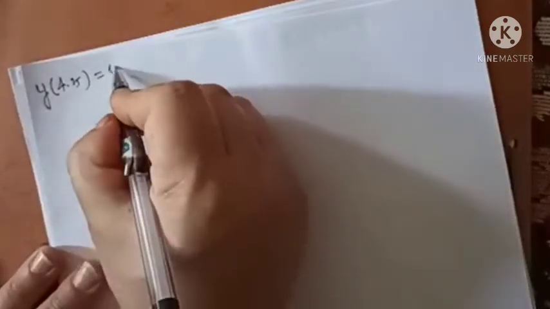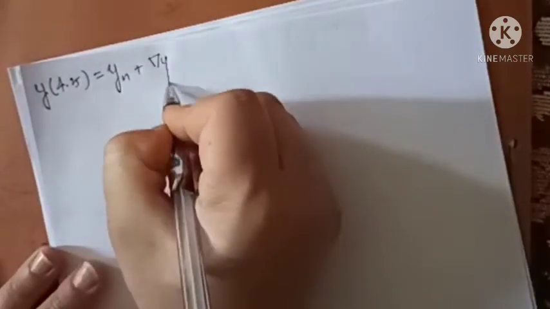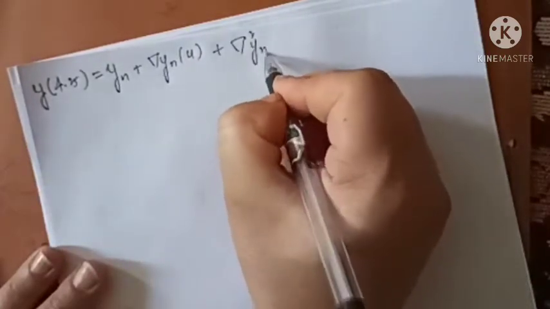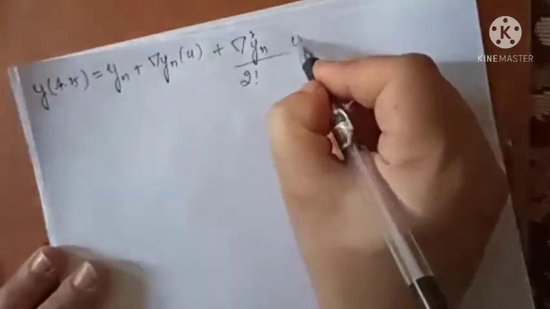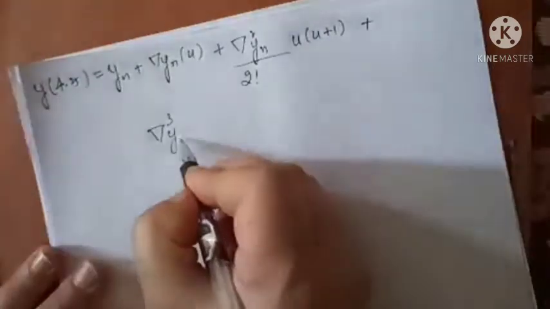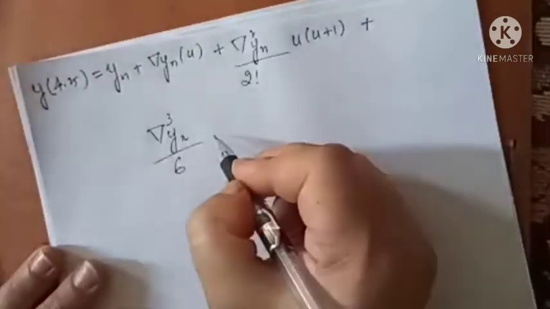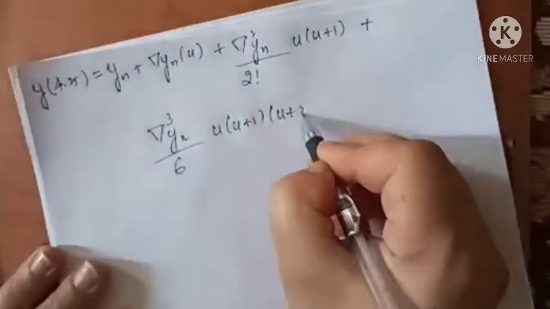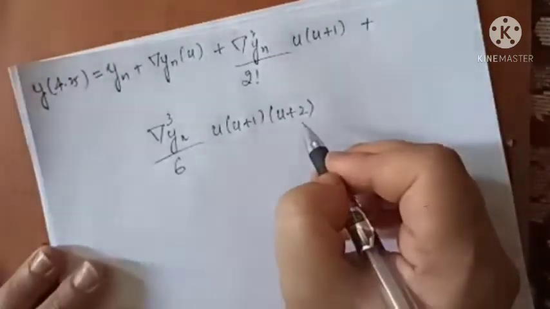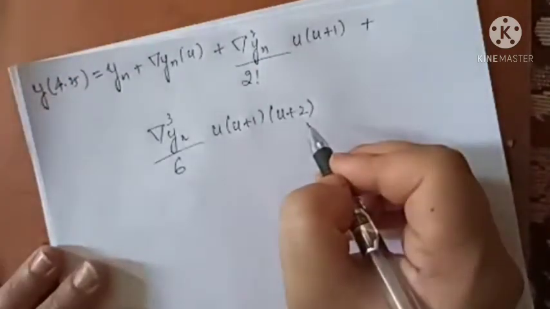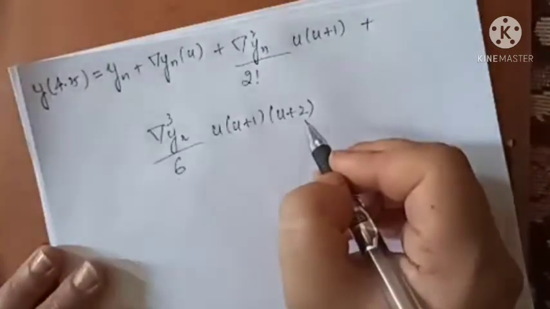y of 4.25 will be equal to, first we write the formula, y of n plus delta y n times u plus delta square yn divided by 2 factorial u into u plus 1 plus delta cube yn divided by 3 factorial, it will be 6, u into u plus 1 and u plus 2, right? Is there anything missing?